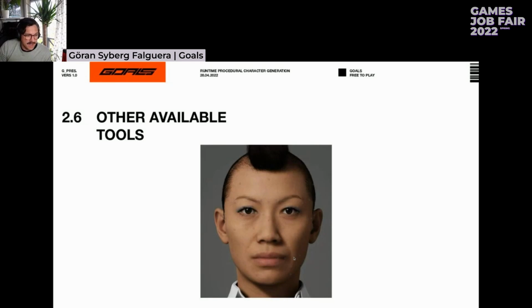As you can see, it's really high definition, high quality, and one can imagine that you vary these inputs, and you can create endless variations of these characters, thereby having a procedural character generation tool.